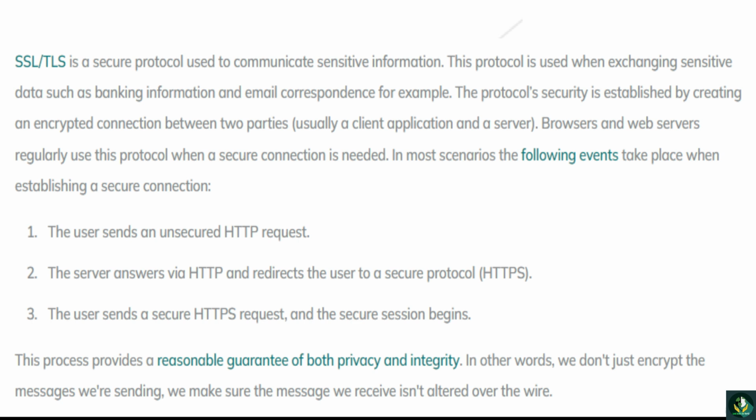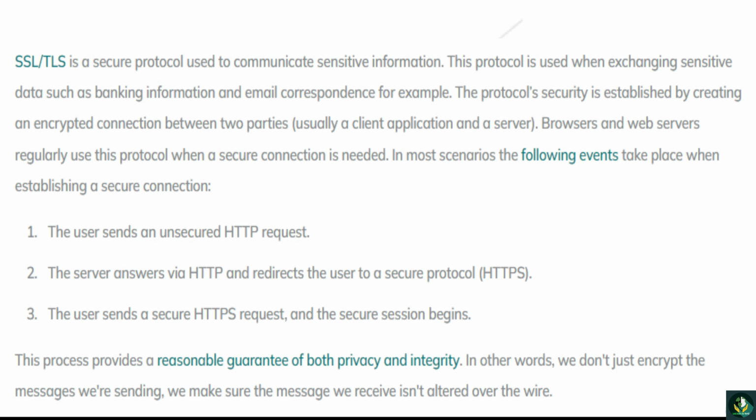Number 1, the user sends an unsecured HTTP request. Number 2, the server answers over HTTP and redirects the user to the secure protocol HTTPS. And number 3, the user sends a secure HTTPS request and the secure session begins. This process provides a reasonable guarantee of both privacy and integrity.